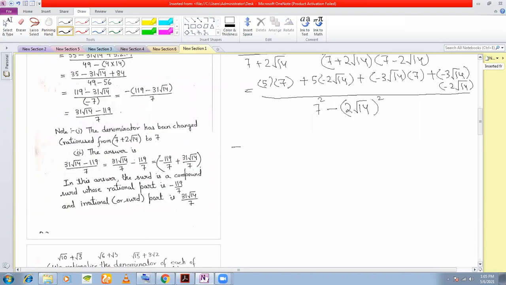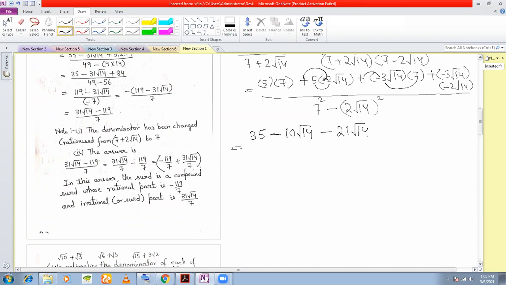Okay, so let's simplify. 5 into 7 will give us 35. When you're multiplying these two, 5 into 2 will combine to give you a 10, and you have a plus sign and a minus sign. These two will combine to give you a minus sign. You get minus 10 root 14. Again, plus and minus will combine to give you a minus sign, and here I have 7 into 3, so this will give me a minus 21 root 14.